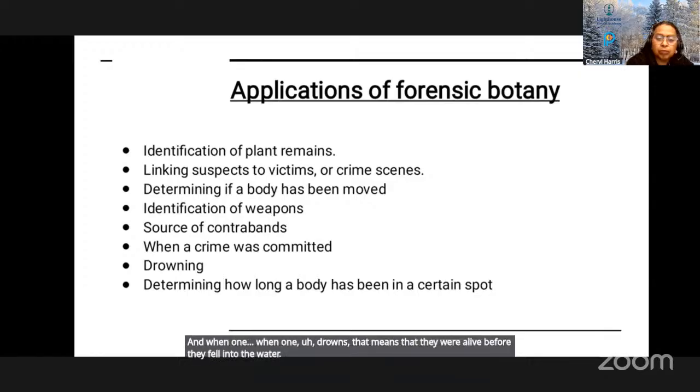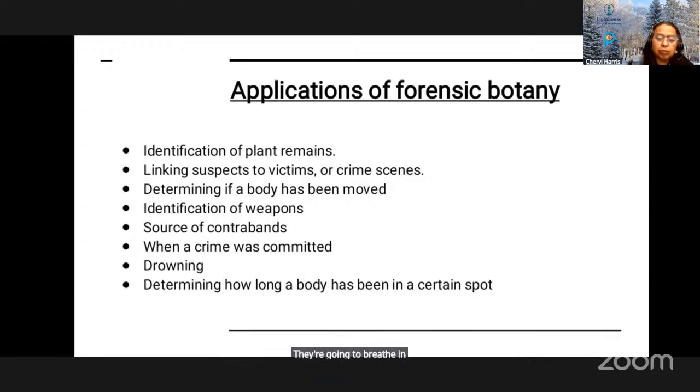They're going to breathe in, and a lot of these diatoms are going to be found in their system, that is in the lungs, in the circulatory system, in the bone marrow, etc. And this is going to help the investigators to determine whether the death was before falling into the water or after falling into the water.